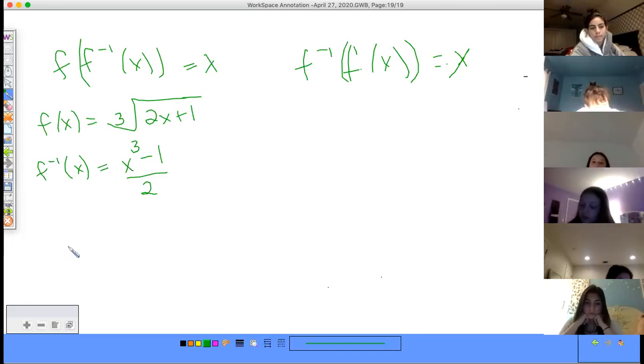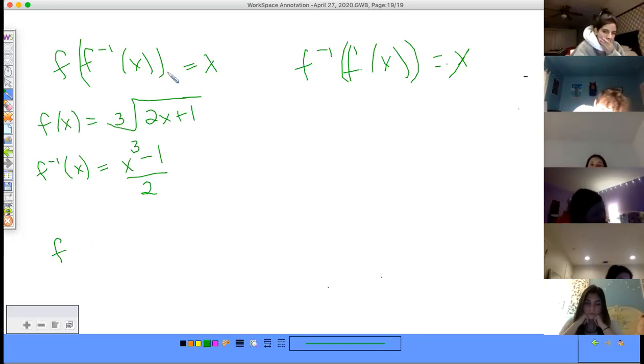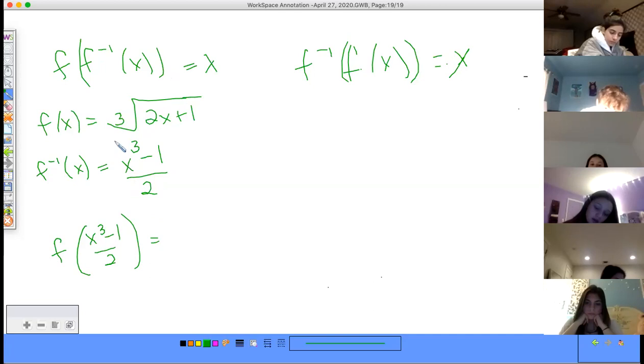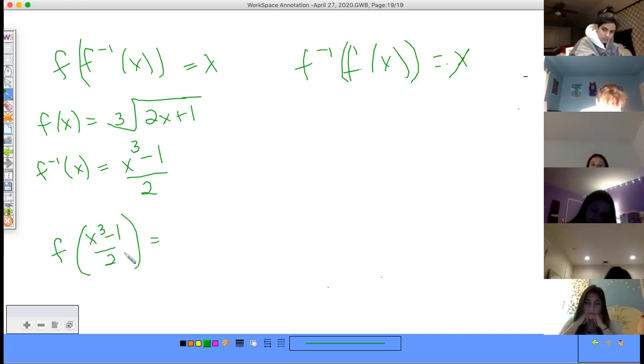So in other words, if I want to show and prove and confirm that they are inverses of each other, I want to show that f of f inverse of x is equal to x, which means I'm substituting the inverse, which is x cubed minus 1 over 2. You should be doing this and following along with me. So I am taking this whole monster and plugging it in for that x up there.